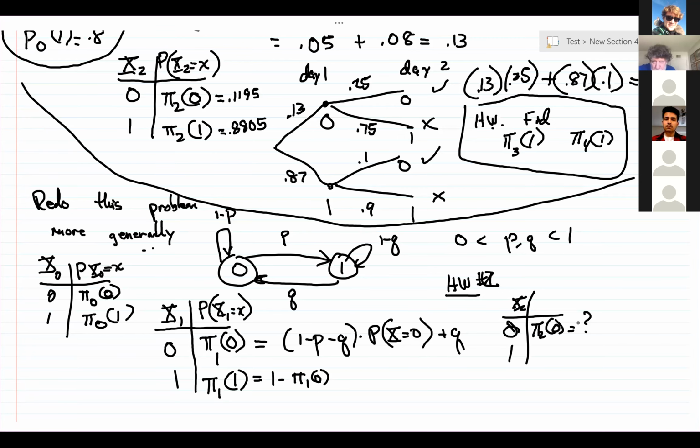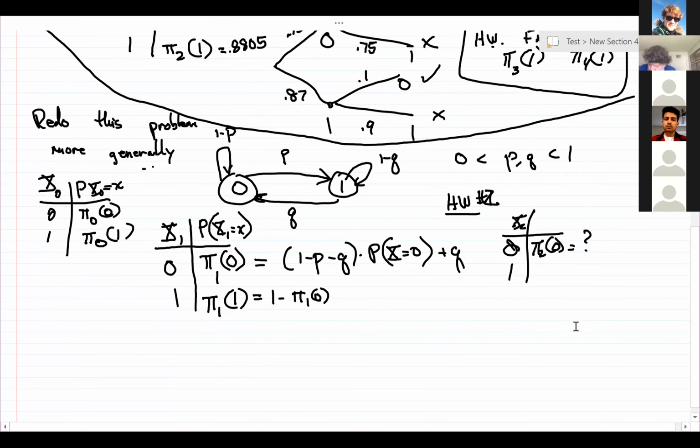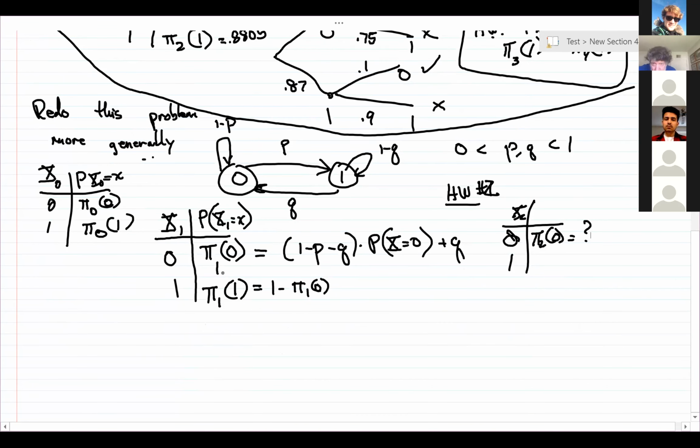I can give you an expression for it, so you'll know when you're getting the right answer. It works out to be (1 minus P minus Q) squared times the probability that X0 is 0. Sorry about that.